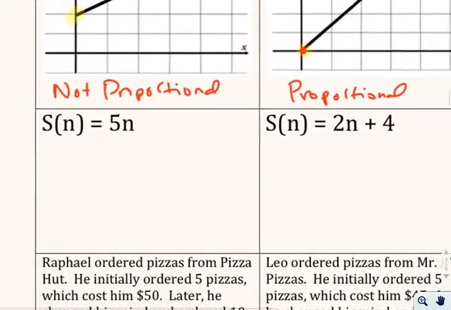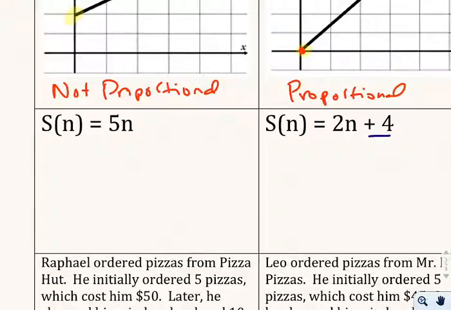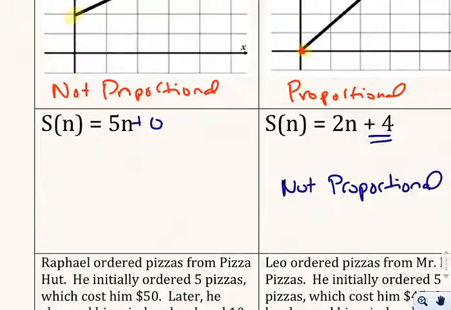So if we're looking at the rules, this idea of direct multiplication is probably the most clear. Here we have a plus 4, so that's going to be the not proportional. And here we actually have a plus 0, but the plus 0 doesn't have to be shown, so this side will be the proportional side.